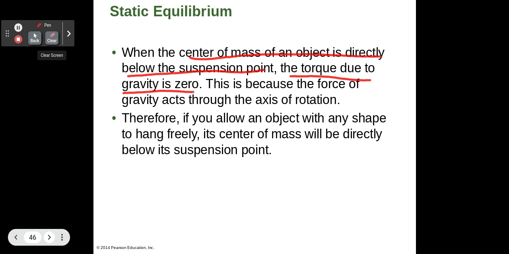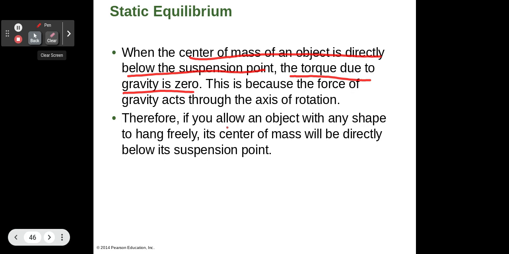If we hang something and it's not rotating, then we know that torque is zero, because gravity is acting right there on the axis of rotation, which means its torque is zero. So its center of mass is right below the suspension point. That's another way that we can find the center of mass.